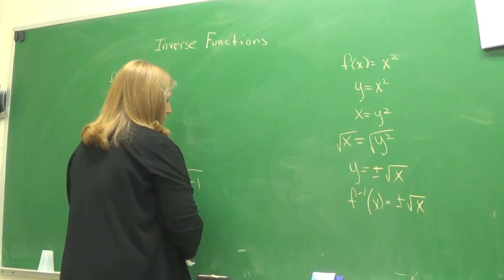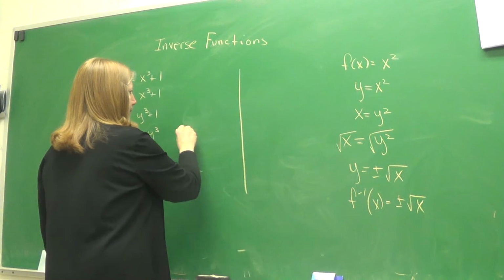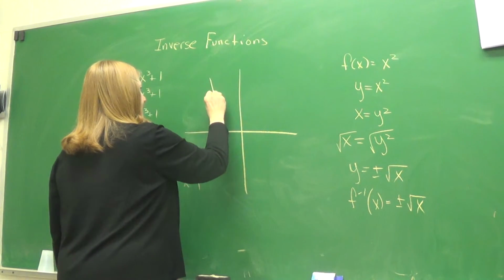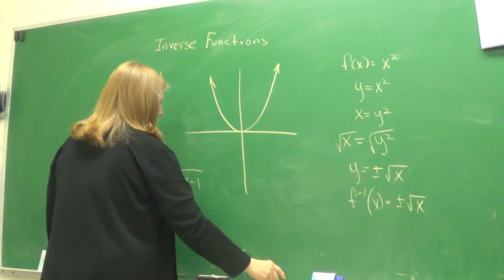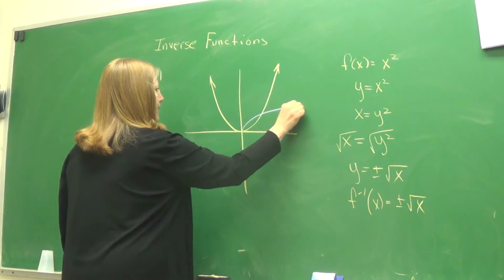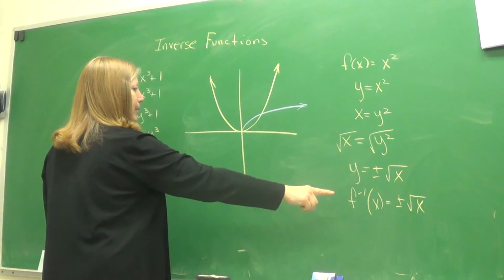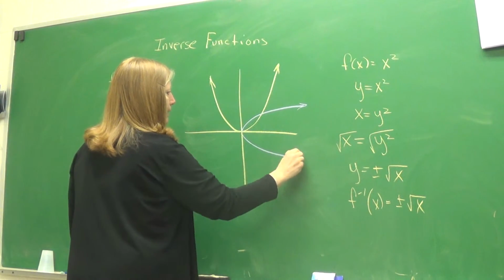See if you can graph y equals x squared and its inverse. Here's y equals x squared. And square root of x looks like this. And when we have a negative square root of x, it just reflects that around here.